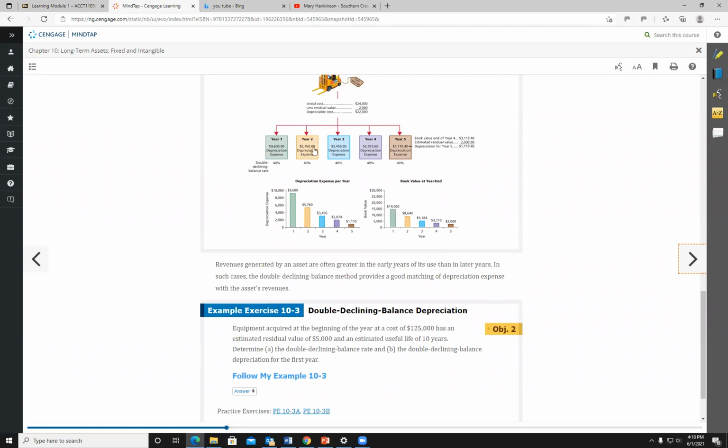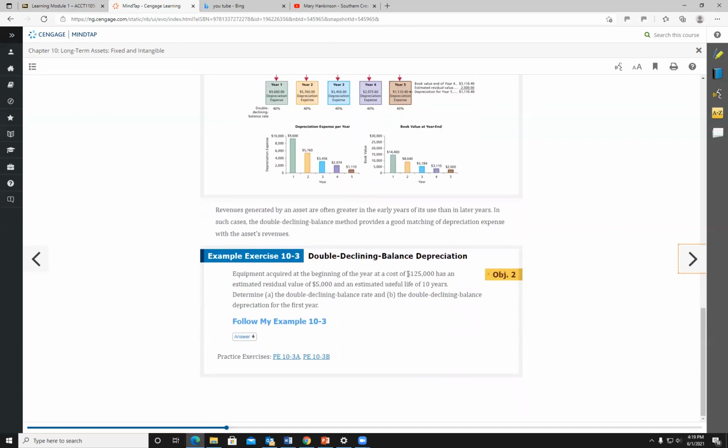The amount that we depreciate each year also declines, along with the book value. Revenues generated by an asset are often greater in the earlier years of its use than in the later years. In such cases, the double declining balance method provides a good matching of depreciation expense with the asset's revenues.